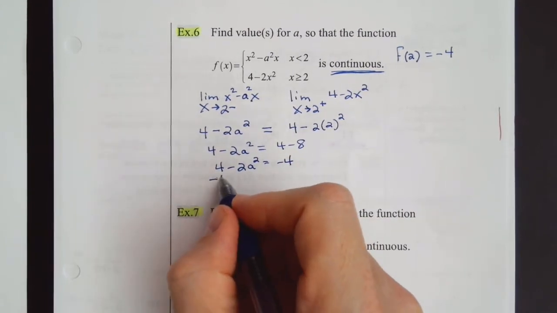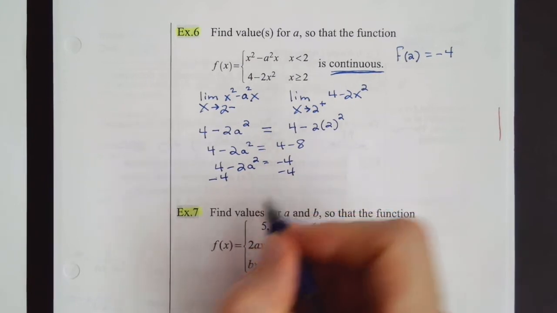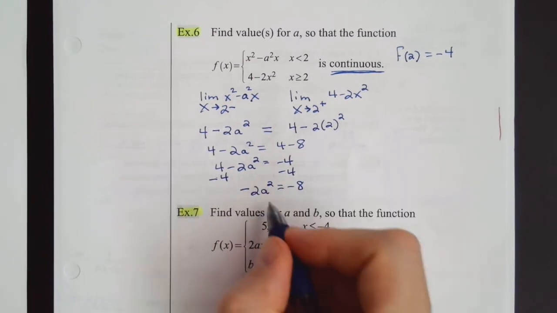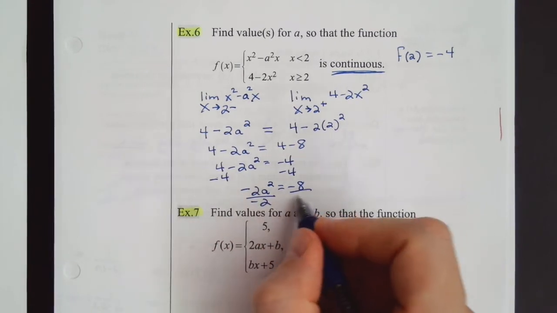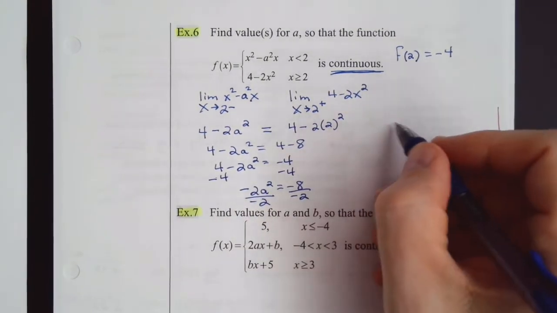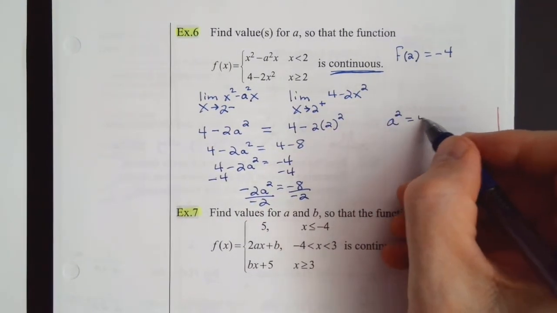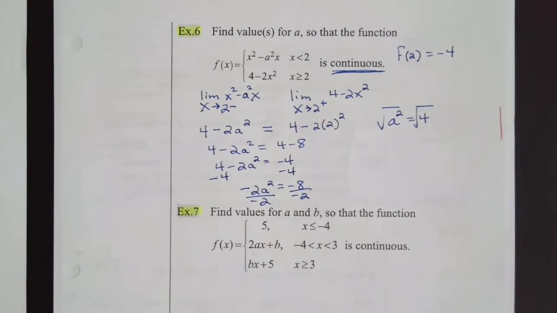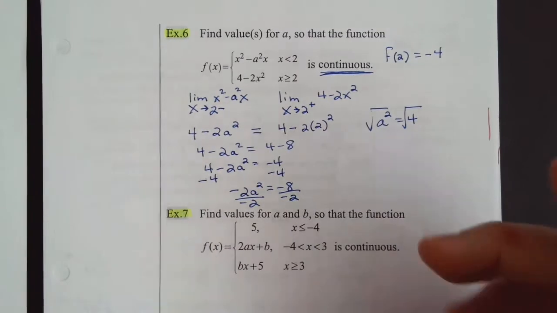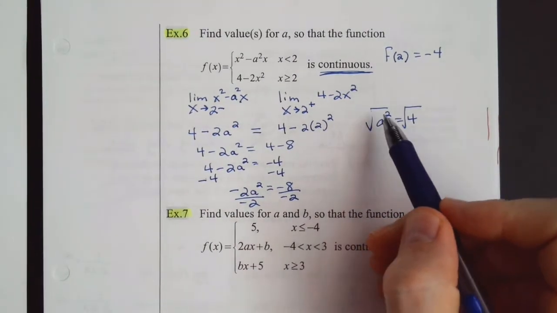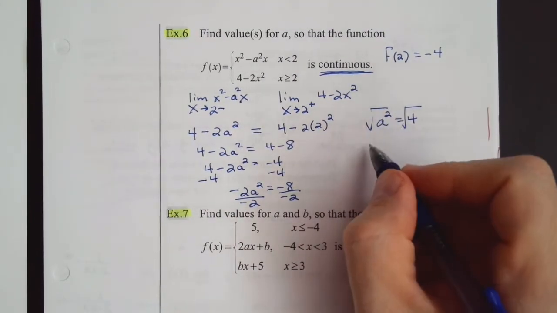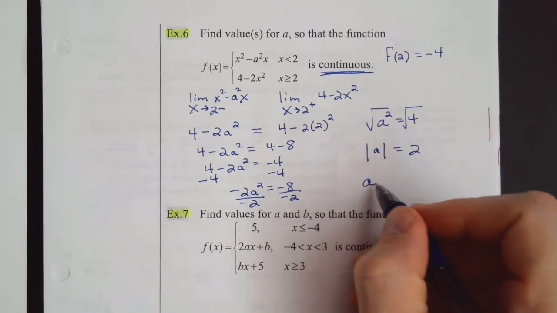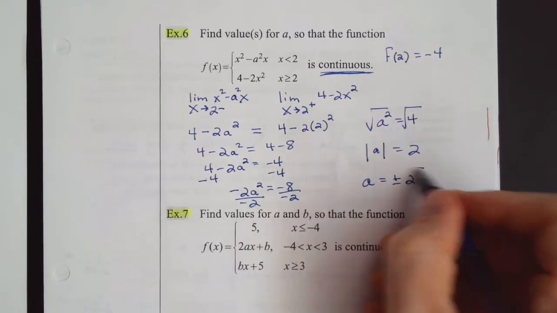Now if we subtract 4 from both sides, we get -2a squared equals -8. Don't forget to pause. It's a little late on this one now, but a squared equals 4. Now, hopefully your honors geometry teacher emphasized to you that when you take the square root of a variable squared, you're going to get the absolute value of that. So the answer is actually plus or minus 2.